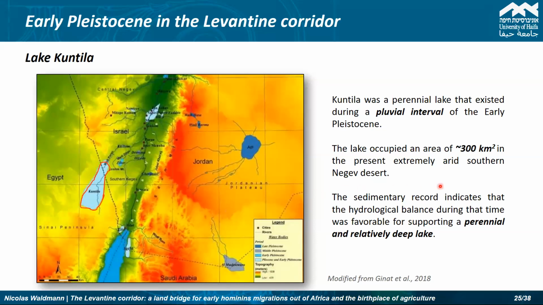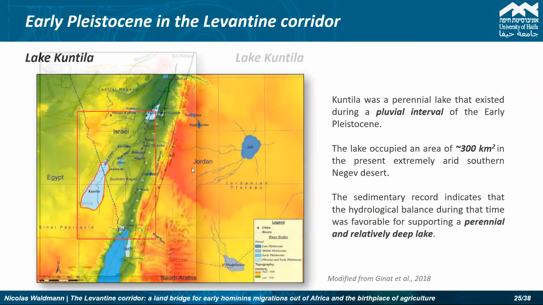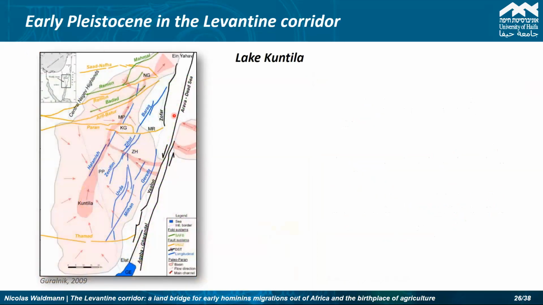And the sedimentary record indicates that the hydrological balance was totally different and was favorable for supporting a perennial, relatively deep lake. If we have a look in more detail at the southern part of Israel, this is the Negev Desert and the tectonic framework.